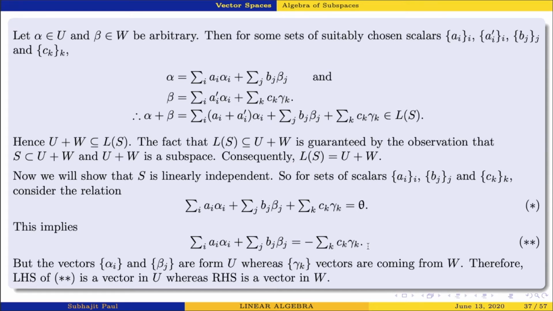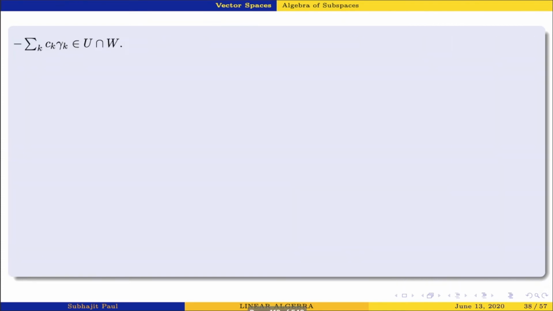Since these two vectors are the same, whatever vector this represents must belong to the intersection of U and W. Let's see once again.